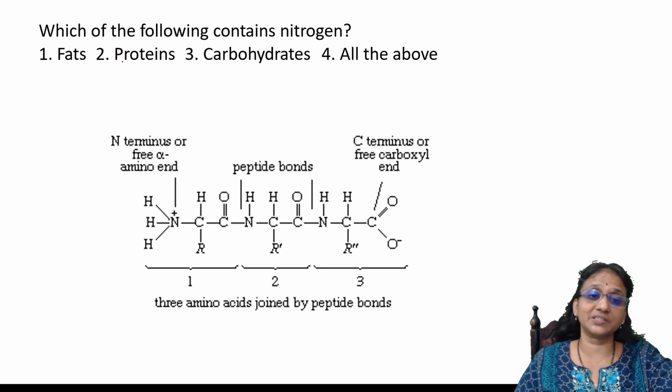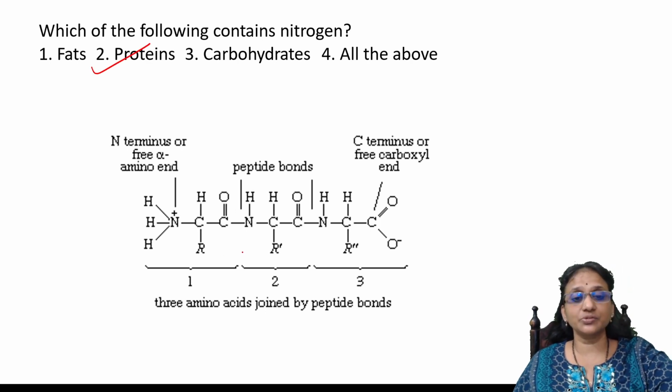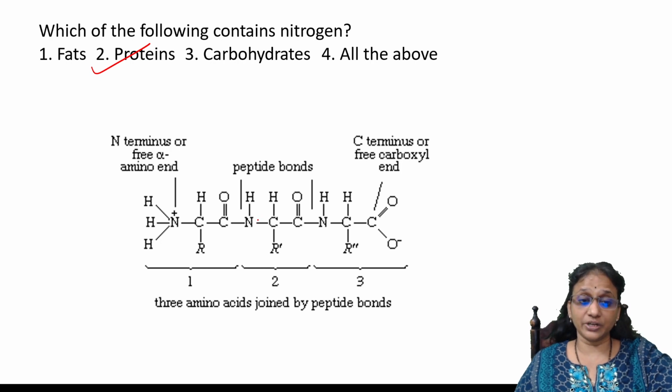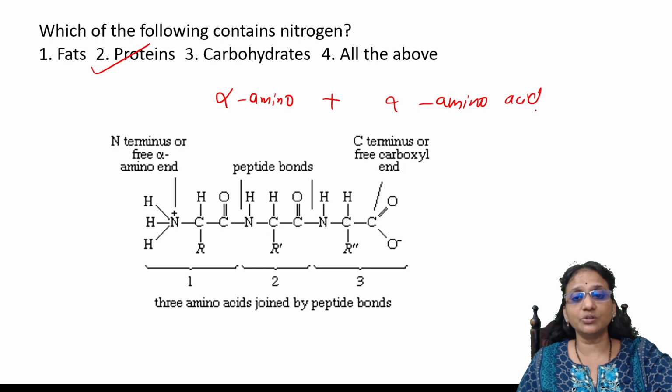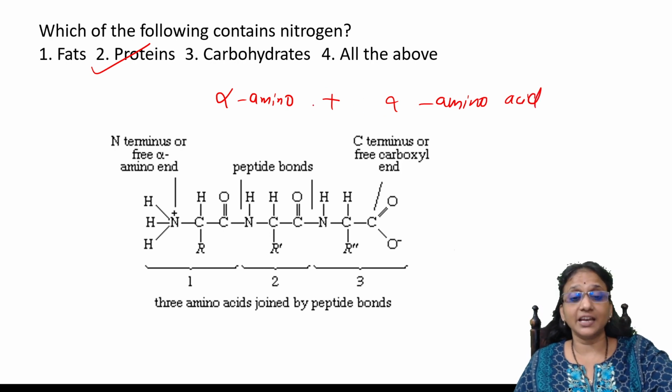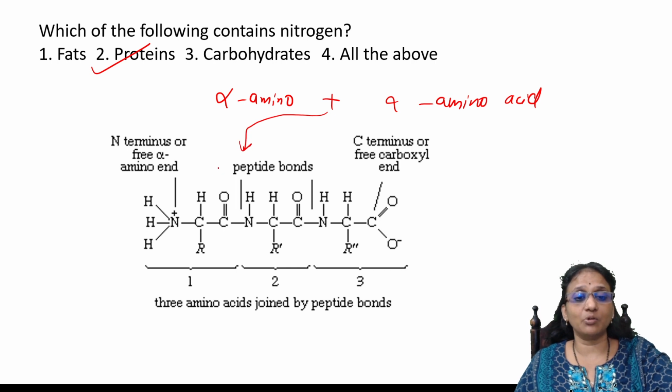Next, which of the following contains nitrogen? Where nitrogen is present, it's proteins. Check, students. An alpha amino acid will combine with one more alpha amino acid, and in between these two there is elimination of a water molecule, and you get a bond called a peptide bond. So this is your peptide.